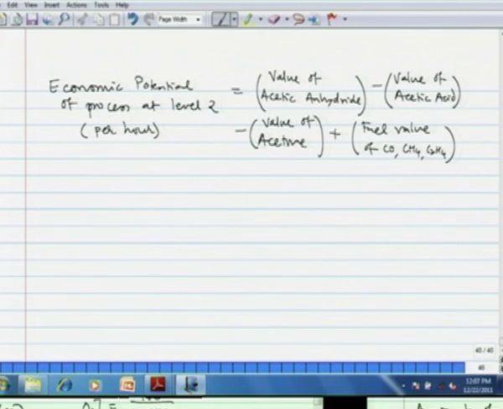Now, we have been given all the costs. Acetic anhydride is $44.41. So, all those numbers we add.